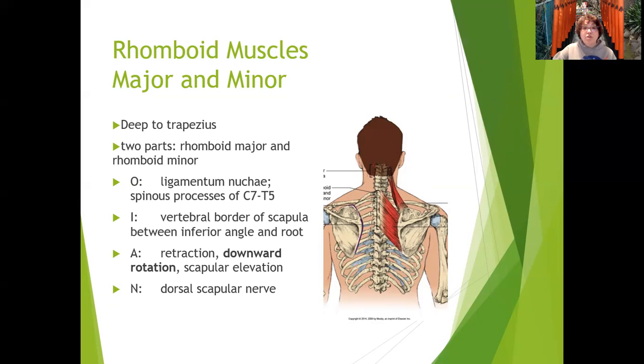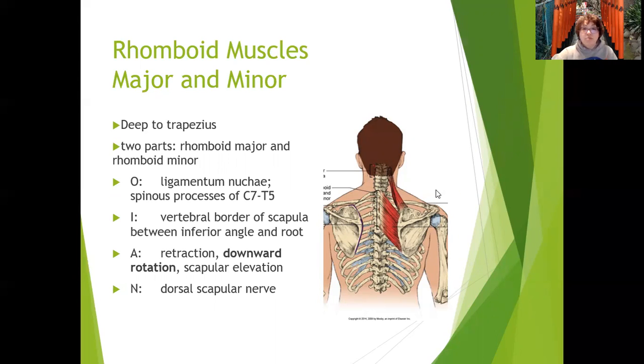Its insertion is the vertebral border of the scapula between the inferior angle and the root, just inferior to where the levator scapula inserts. It does retraction because it has that medial lateral line of pull. It does elevation because it has that slightly vertical oblique line of pull. And it works in the force couple for downward rotation. So it's pulling the scapula medially, the levator scapula is pulling it superiorly, and the pec minor is pulling it inferiorly, giving you that downward rotation torque.